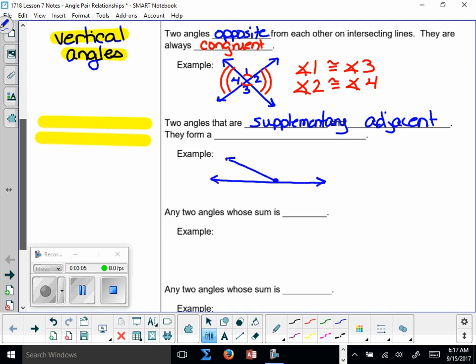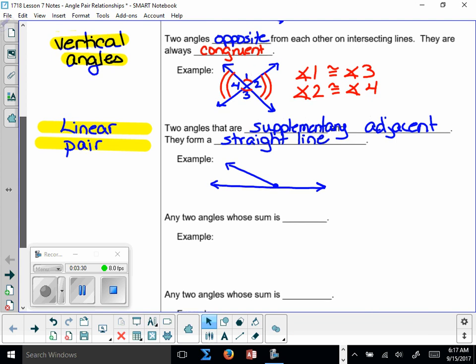They form a straight line, or a straight angle is another way to look at it. These are called a linear pair. I love them. There are a lot of lines in geometry, and because they're supplementary, I know they add up to 180 degrees. You'll see these quite frequently.